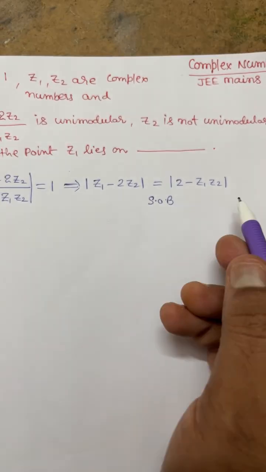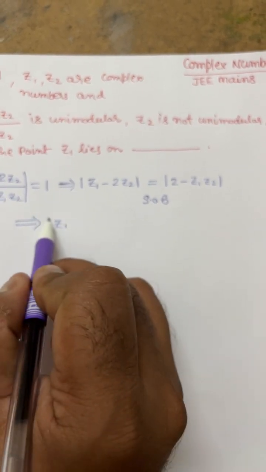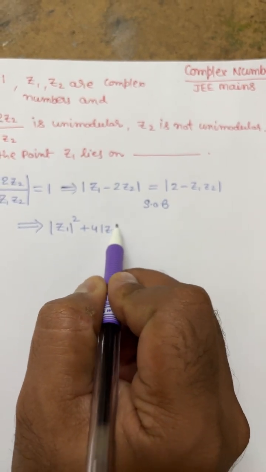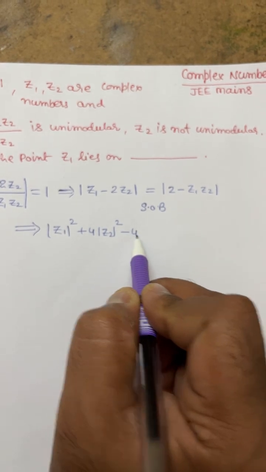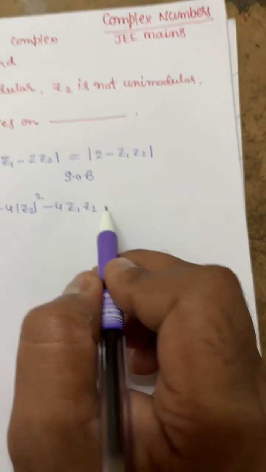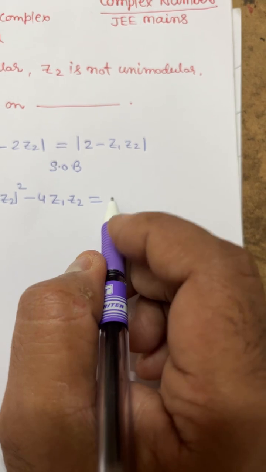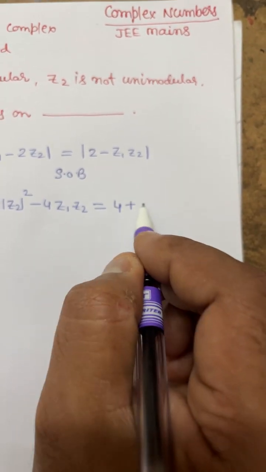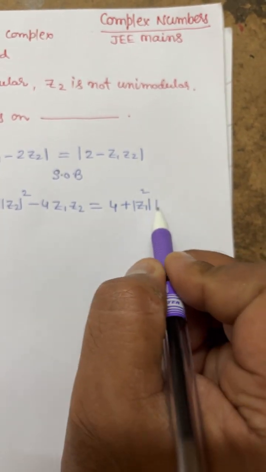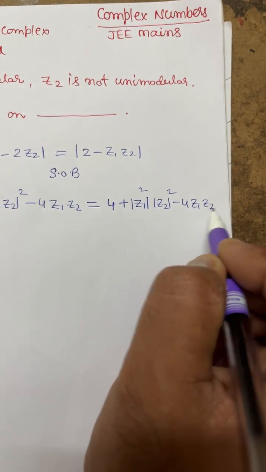Here a minus b, here also a minus b whole square expansion, we need to do that. So mod z1 square plus 4 mod z2 square minus 4 z1 z2 bar is equal to, even here we can use the a minus b whole square expansion, 2 square plus mod z1 square mod z2 square minus 4 z1 z2 bar.